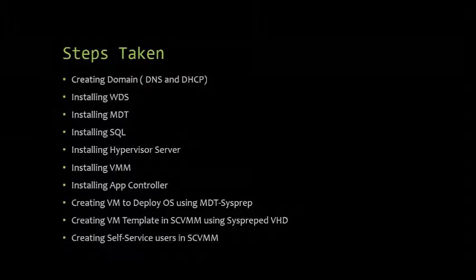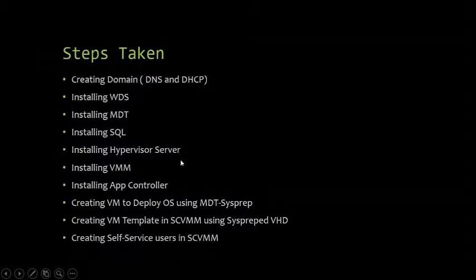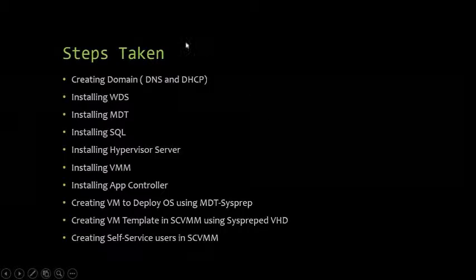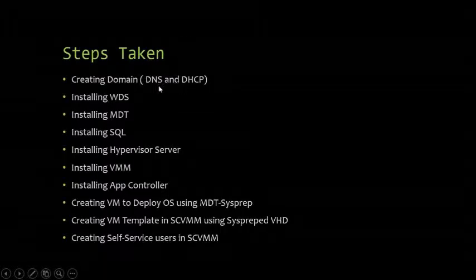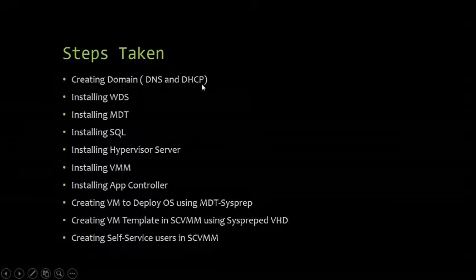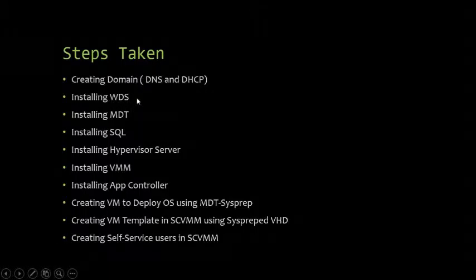These are the steps we did to make this project work. First is to create the domain, which is the DNS and the DHCP. Install WDS, Windows Deployment Services, and MDT, Microsoft Deployment Toolkit.